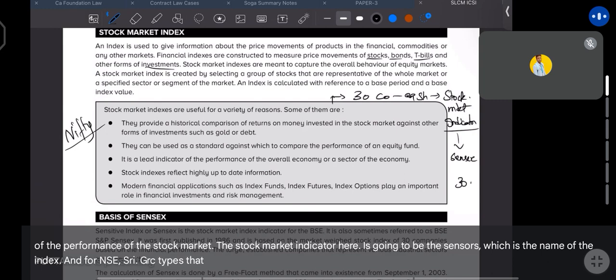BSE takes 30 securities for reference, NSE takes 50 securities for reference usually.